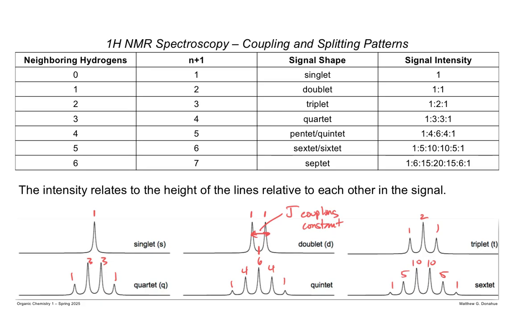So doublet, triplet, quartet, that distance, J, even though it says constant, it can vary depending upon what structure you're looking at. So it can vary from 1 hertz to, say, 15 hertz. So it all depends on the environment in which the hydrogens sit.